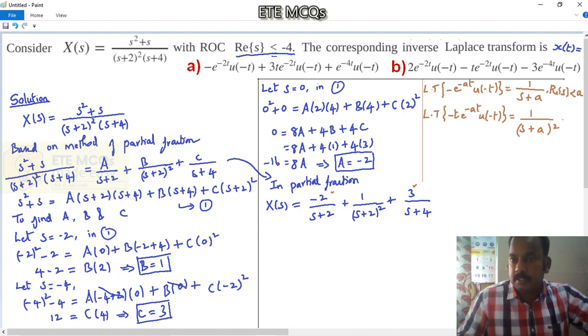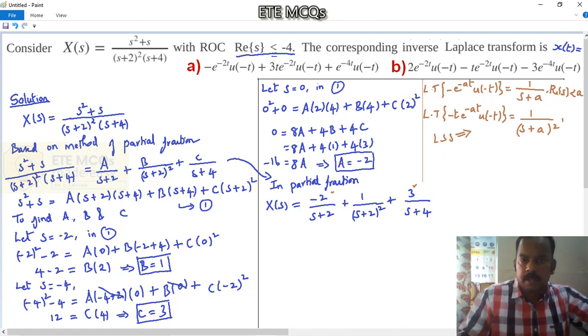The region of convergence remains the same here. Both are left-sided sequences. We are not even considering a right-sided sequence just because the ROC is completely less than minus 4. All the terms should correspond to a left-sided sequence.